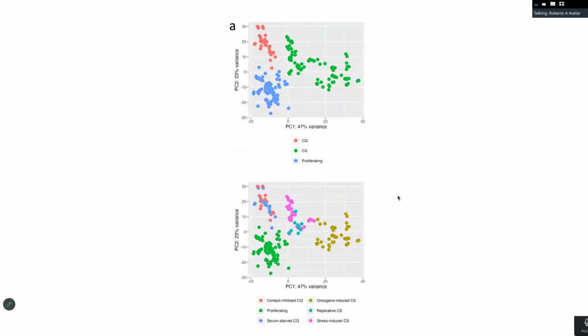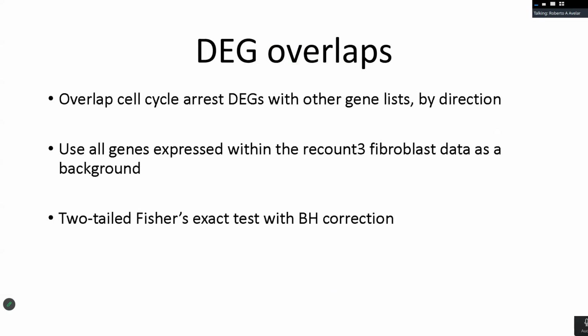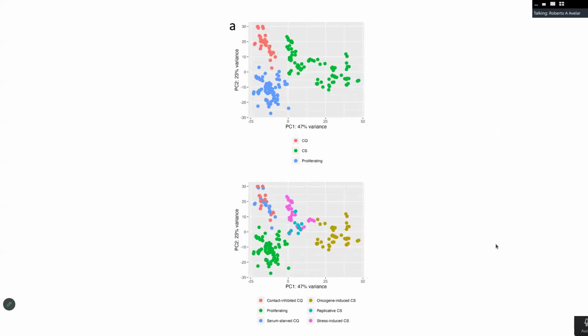So we end up with 4 separate clusters, one for proliferating, one for the 2 quiescent states, and then we get a middle cluster, which is comprised of the replicative and stress-induced samples, and we get this separate oncogene-induced senescence cluster of samples. So we then got these differentially expressed genes between each group and the controls, the proliferating cells.